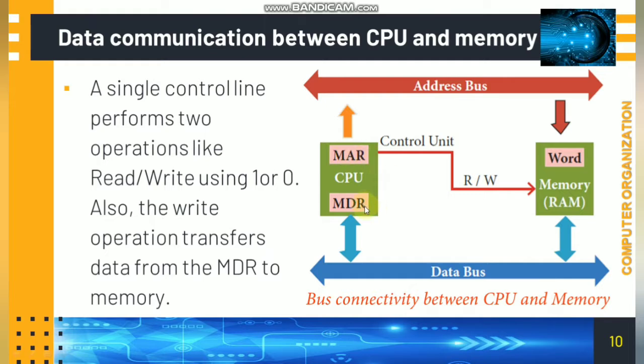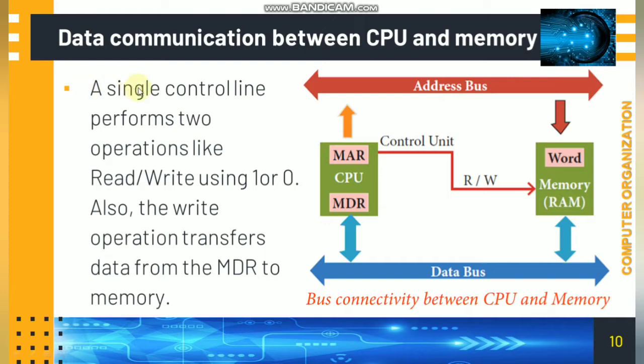This data register and memory address register are controlled by the control unit. From here, the main memory reads the data, and it is sent through the bus. So this is called the data bus, and this is the address bus. Each and every piece of data will be read and sent to the control unit through the address bus, and it is stored in the memory.